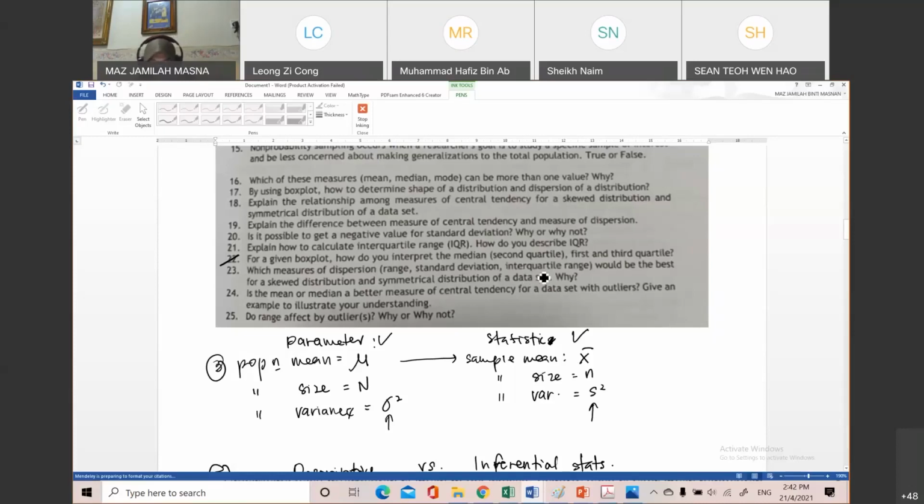Can someone guess? For skewed distribution, what would be the measure of dispersion good to represent? Is it range, standard deviation, or interquartile range?